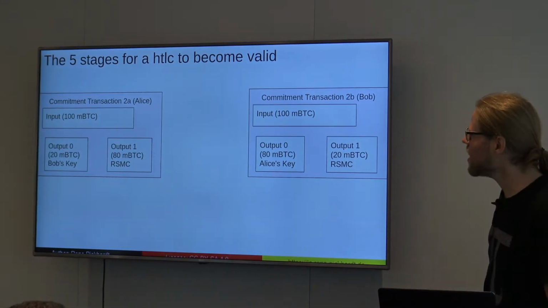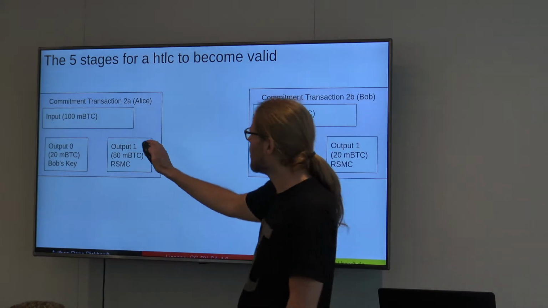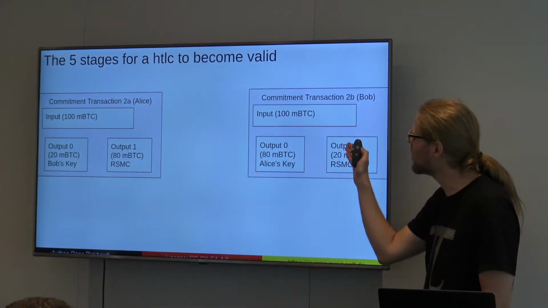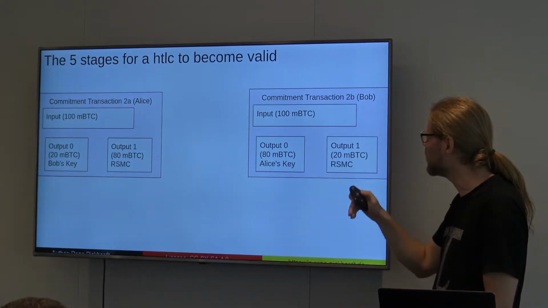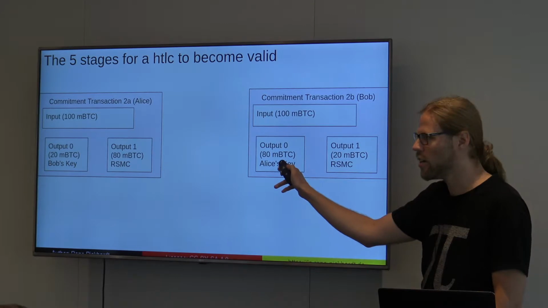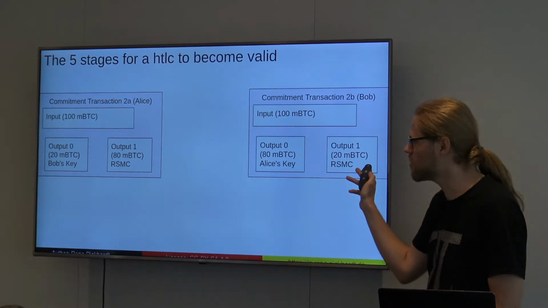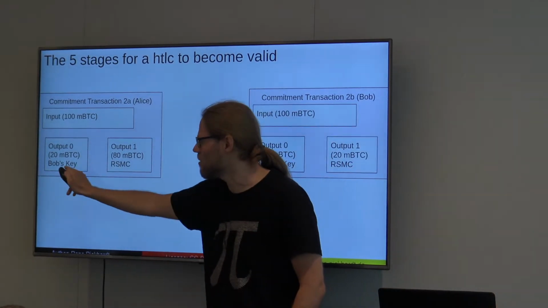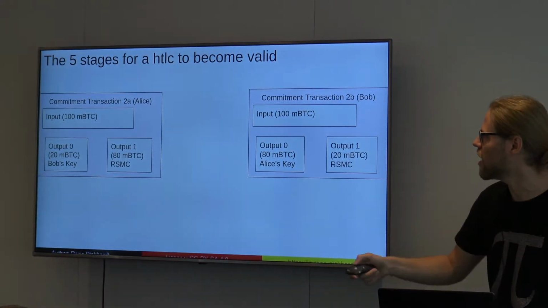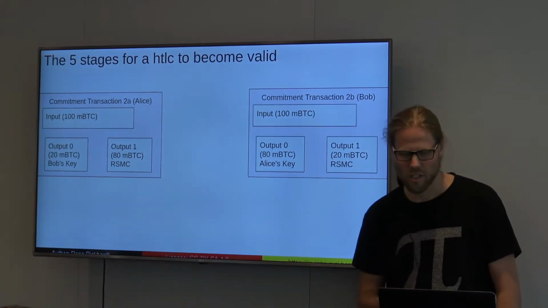So let's start here. We have Alice, who has her commitment transaction C_A, and we have Bob, who has his commitment transaction C_B. In Bob's commitment transaction, the output to Alice is a regular output and the output to Bob is the RSMC, and here it's vice versa. The regular output goes to Bob, and the output to Alice herself is the RSMC.